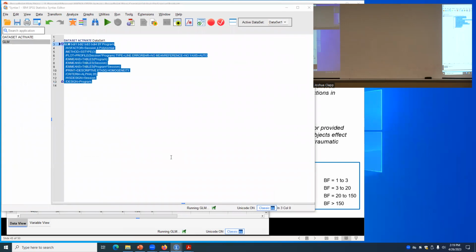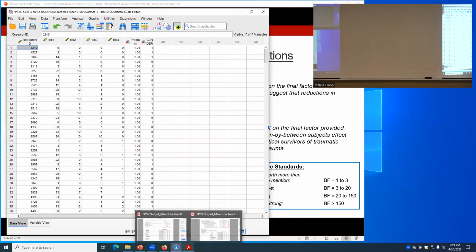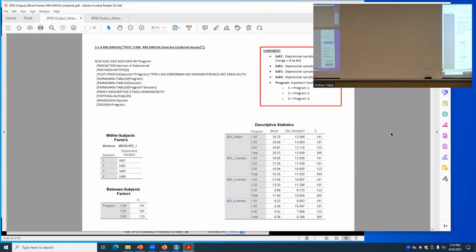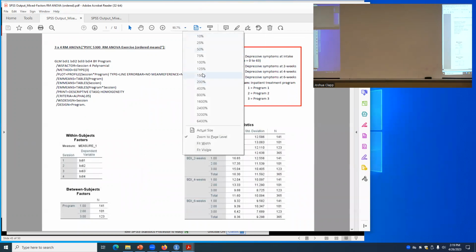Okay, so we go through, paste that up just so I've got it. And I'm going to switch over to the handout just because we can see that a little bit better on the screen.